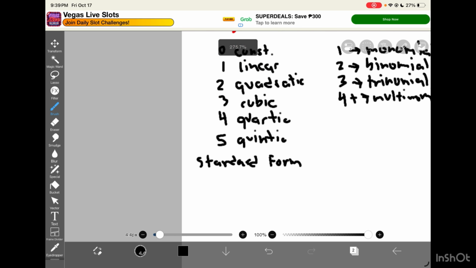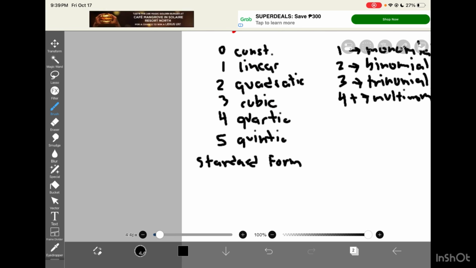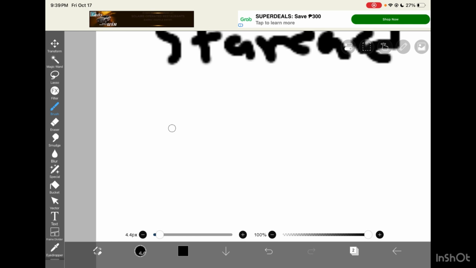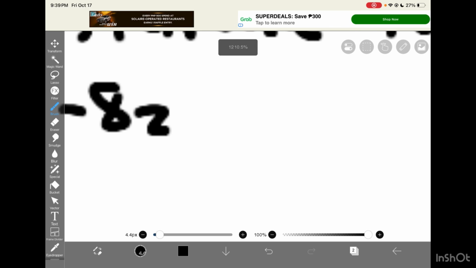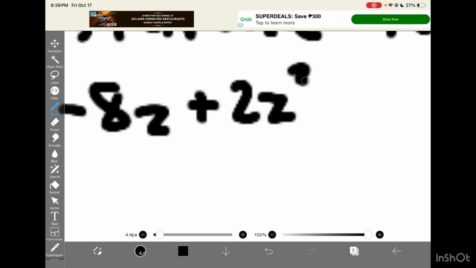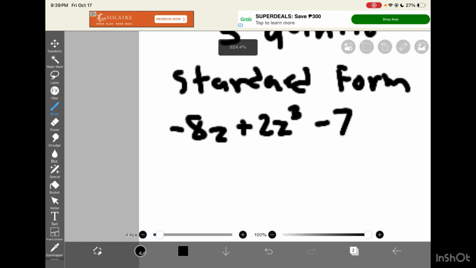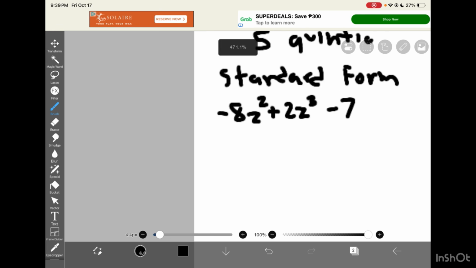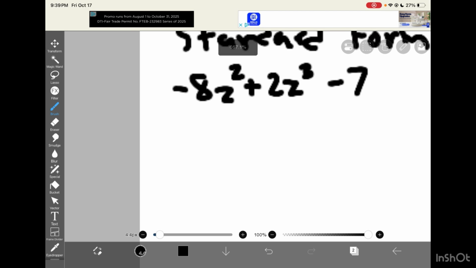So I'll use a shorter example here. Let's convert it to standard form: negative 8z squared plus 2z cubed minus 7. To put it into standard form, you need to first find the highest exponent.